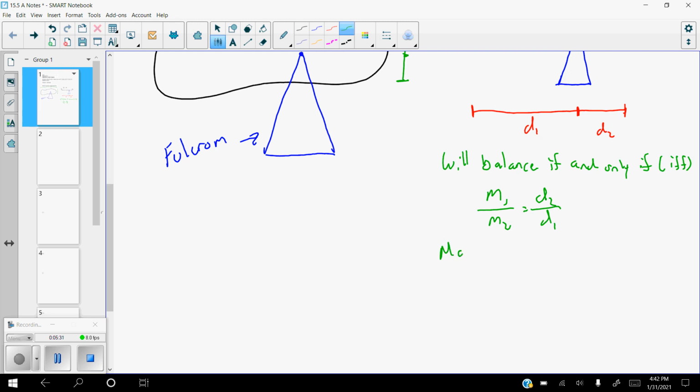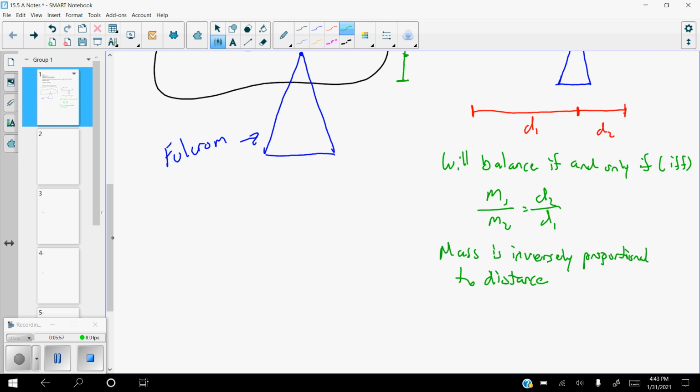So mass is inversely proportional to distance. Okay, if it was directly proportional, then the D1 would have been on top of the D2, with the M1 being on top of the M2, but it's not.